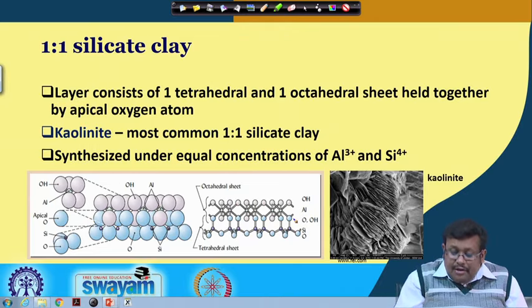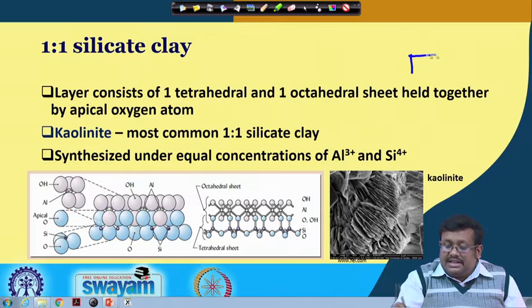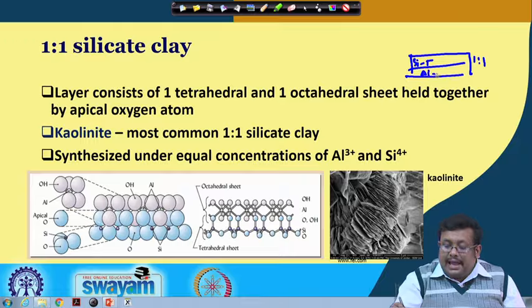So, if we consider one tetrahedral 1:1 kaolinite layer, this will be silica tetrahedra and this will be aluminum octahedra. Similarly, another adjacent layer will consist of the same repeating unit, so it will be silica tetrahedra followed by aluminum octahedra.